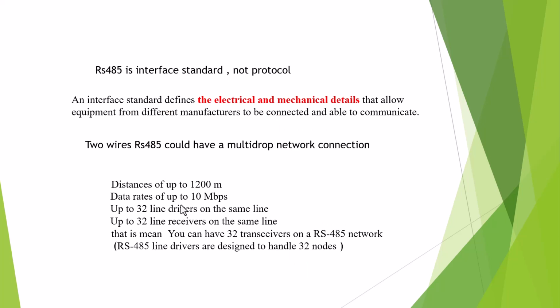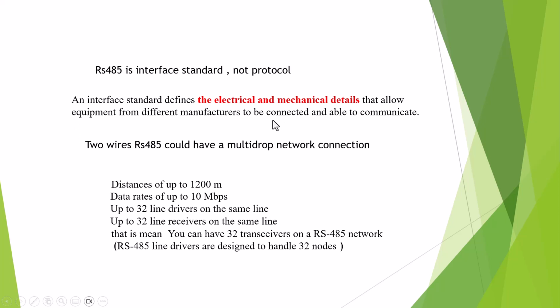RS485 is a standard protocol. What does standard mean? A standard defines the electrical and mechanical details that allow equipment from different manufacturers to be connected and able to communicate.